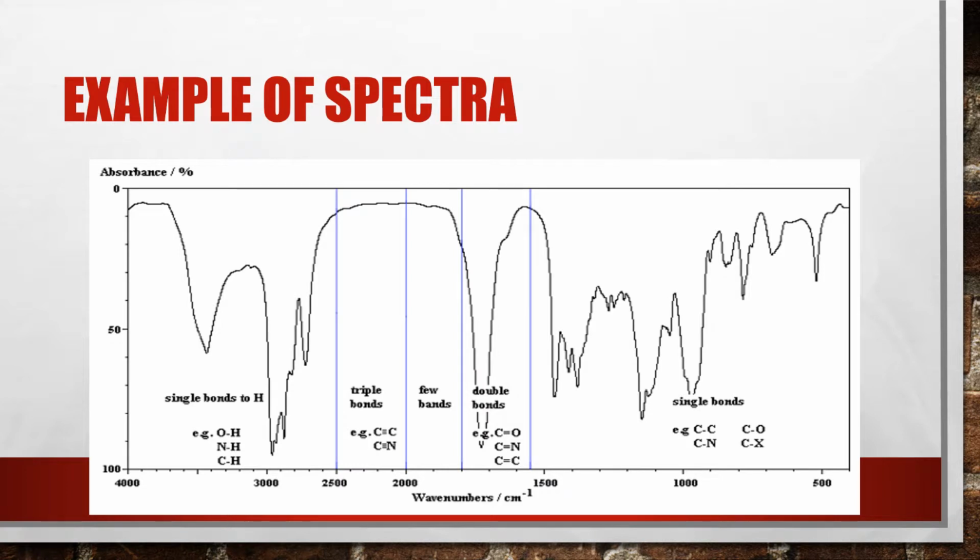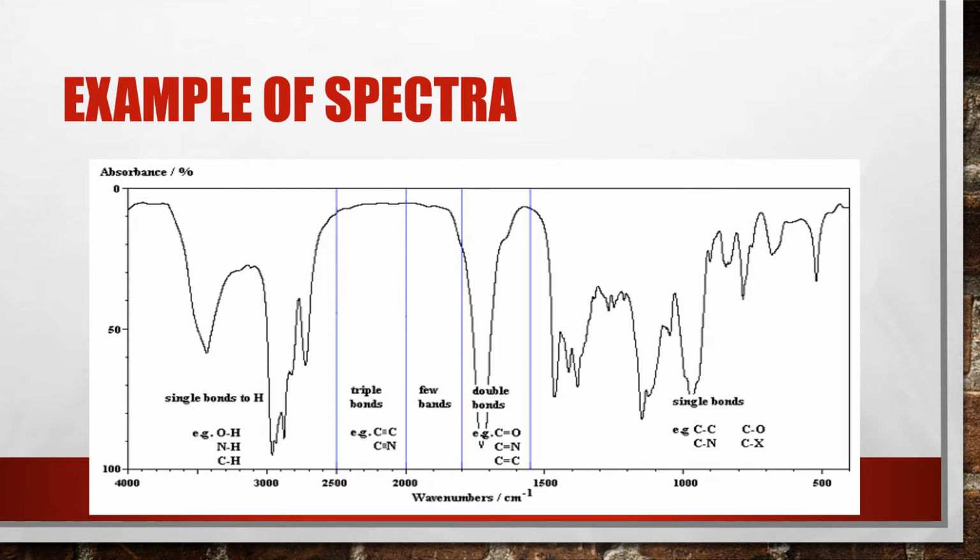Here we have an example of a spectrum which is divided into sections of where each type of bond is expected. On the left we have the strongest bonds, the lighter atoms bonded to hydrogen, e.g. oxygen and hydrogen, nitrogen and hydrogen, and carbon and hydrogen. The next section is where we find triple bonds, for example, carbon triple bond carbon and carbon triple bond nitrogen.